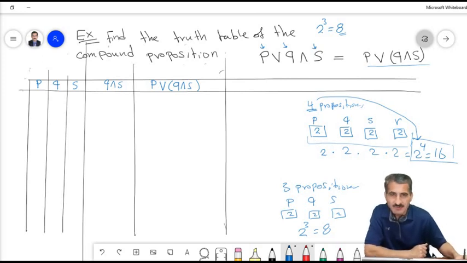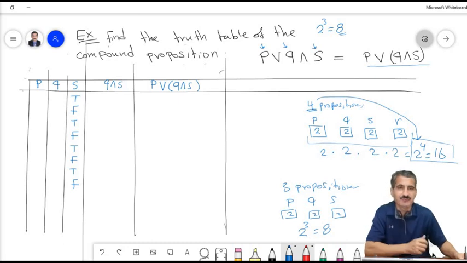So what we do, we will go to the very last proposition and say, okay, this will take true, false, true, false, and then we keep interchanging that alternatively. True, false, true, false, true, false, true, false, then we are done. Then these are 8 cases.